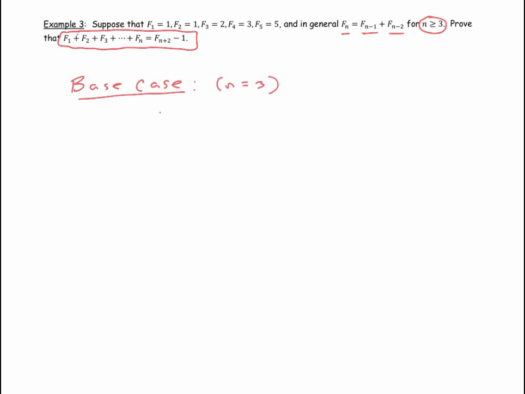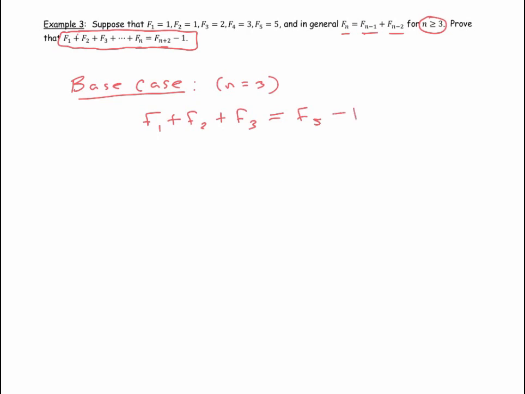Is it true that f1 plus f2 plus f3, according to this claim up here in the box, is supposed to be equal to, well, look at the relationship here. This is the nth term, n plus 2 must be two terms after that. So the claim is that that's equal to f of 5 minus 1.